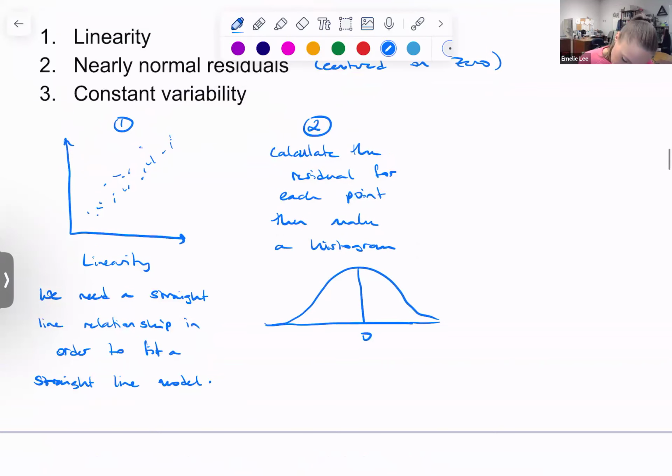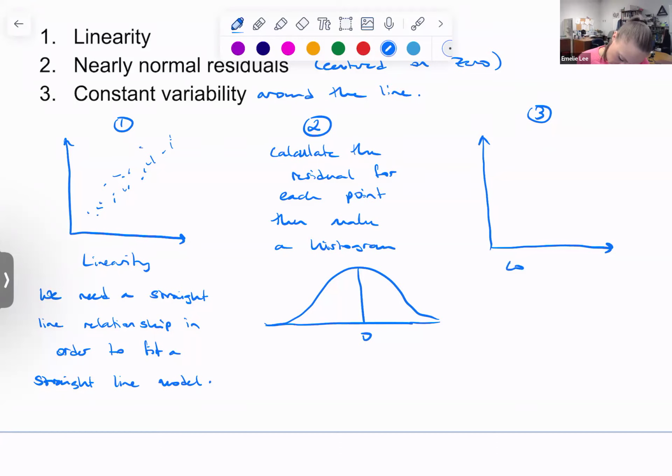And for the third condition, the one that I really wanted to be talking about here, is constant variability around the line. Okay. And so I'm going to show you what it looks like if you don't have constant variability.